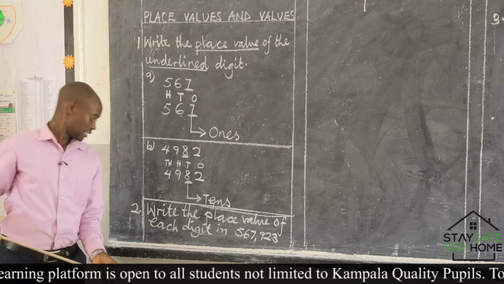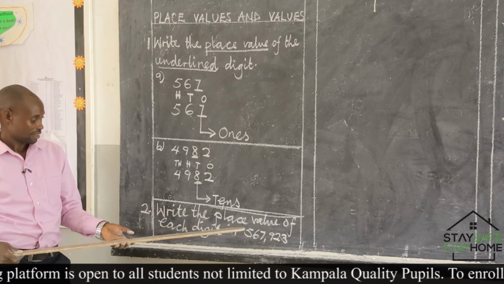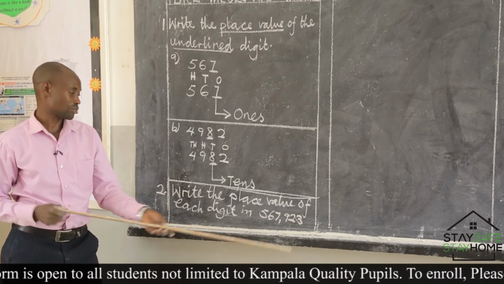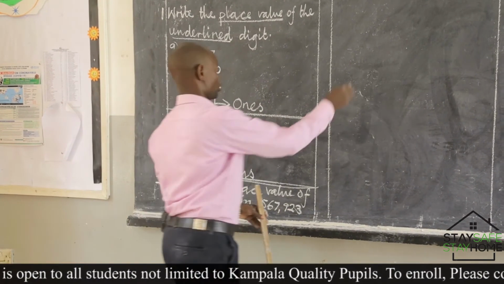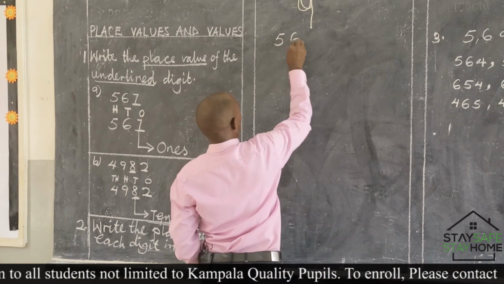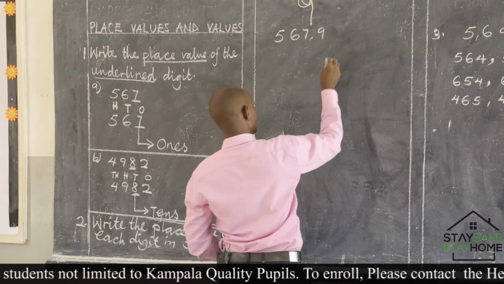We are writing the place value of each digit in this number. So we shall have 5, 6, 7, then we have 923.